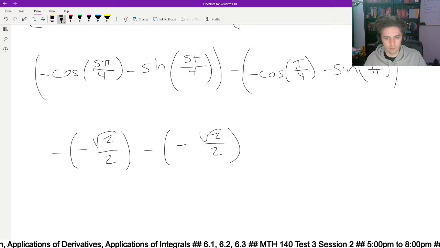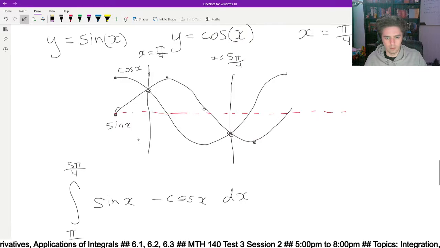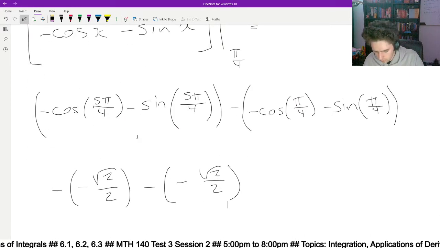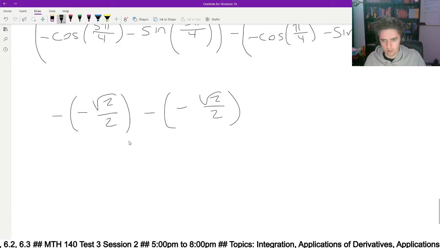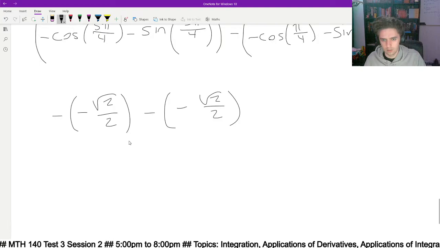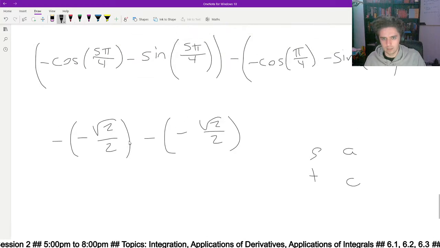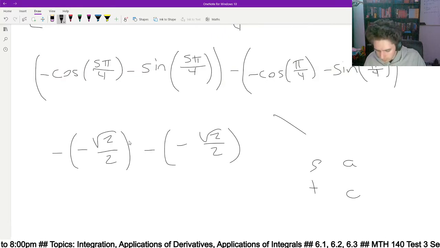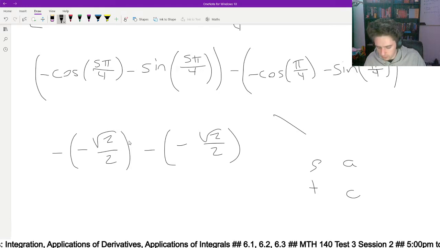Sine is positive in the second quadrant. 5 pi over 4 is in the second quadrant. It's CAST, so the second quadrant has sine positive, right? So it should be negative. CAST: 5 pi over 4 is like that, so sine should be positive. But I type in sine of 5 pi over 4 and I get negative root 2 over 2.